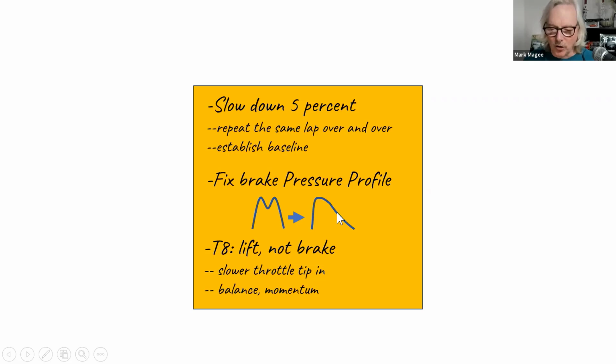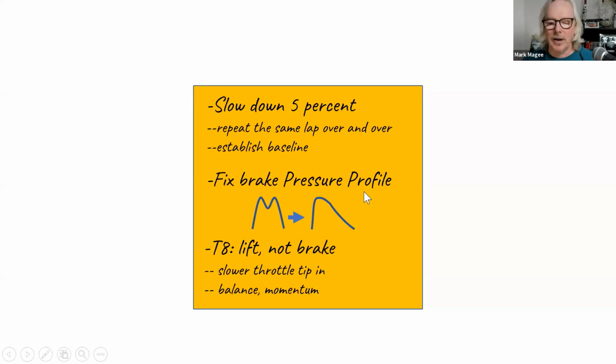In most corners, the release is going to take much more time than the initial application. What you're doing here is letting the nose of the car come up slowly. If you have a quick release, the front nose of the car is going to want to come up, taking away traction right when you need to turn the car. A lot of times people will say, well, my car is understeering. Well, you made the car understeer by your use of the pedals.